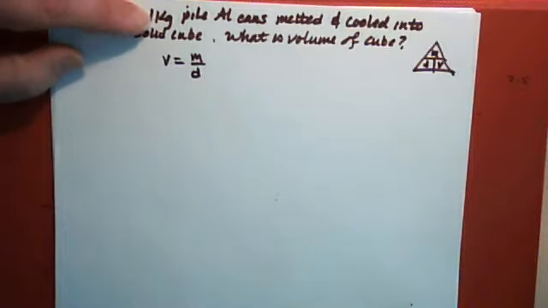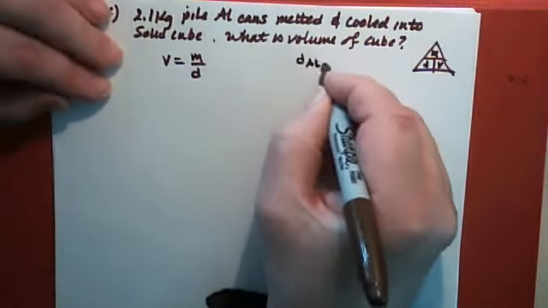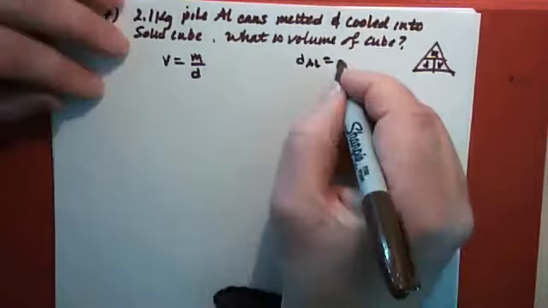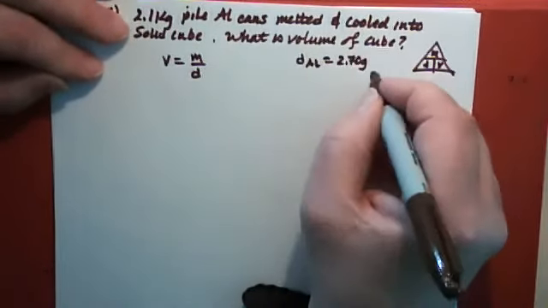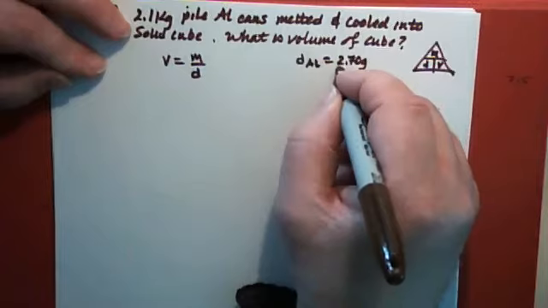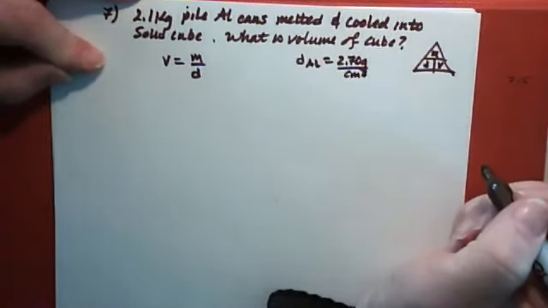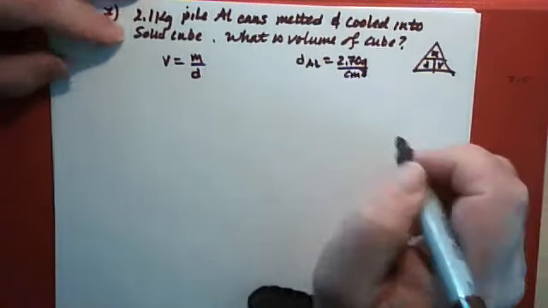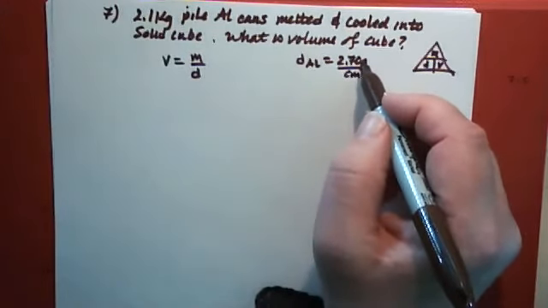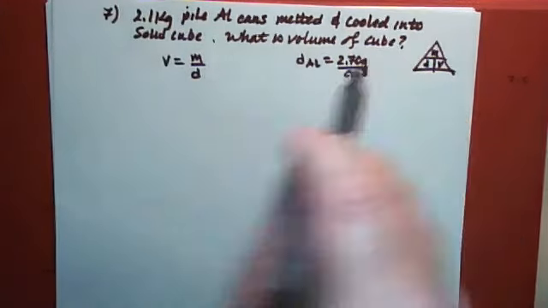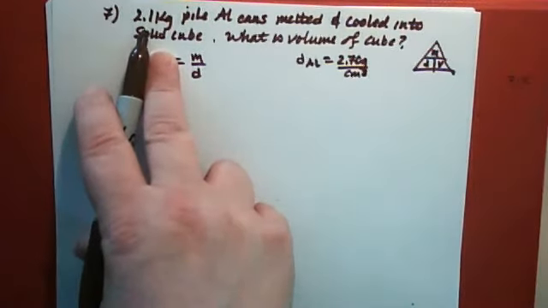We've got the mass in kilograms, and the density of aluminum, if you go to the table or Google it, is 2.70 grams per cubic centimeter. So we've got the density in grams per cubic centimeter.